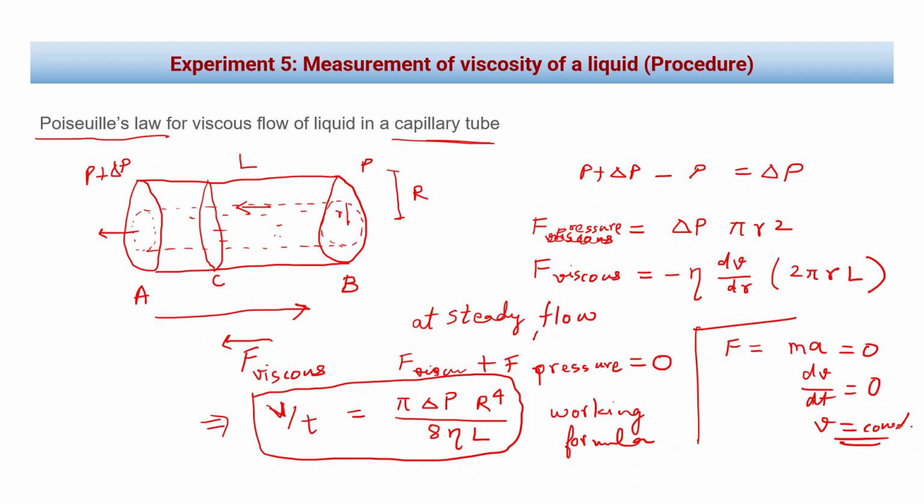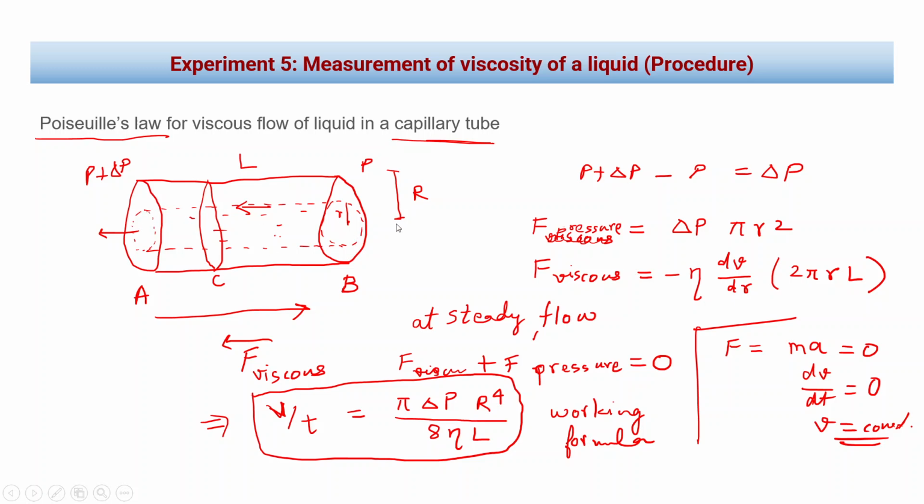So yeah, before we start with the questions, for this particular experiment where the professor demonstrated how to measure the viscosity of liquid, we had a setup in which we were creating pressure difference between these two ends of the tube.